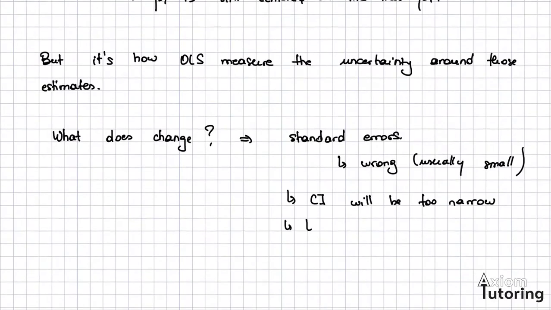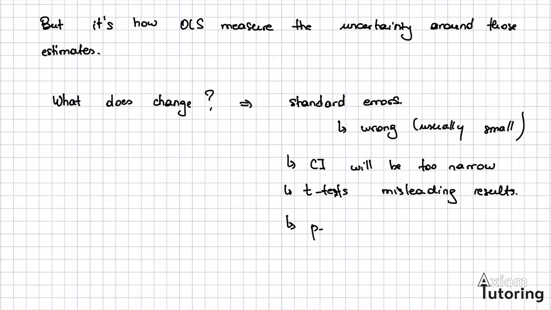T-tests cannot be trusted because they will give misleading results, and p-values as well cannot be trusted. So it's a whole cascade of consequences, and you might think a coefficient is significant when it isn't.